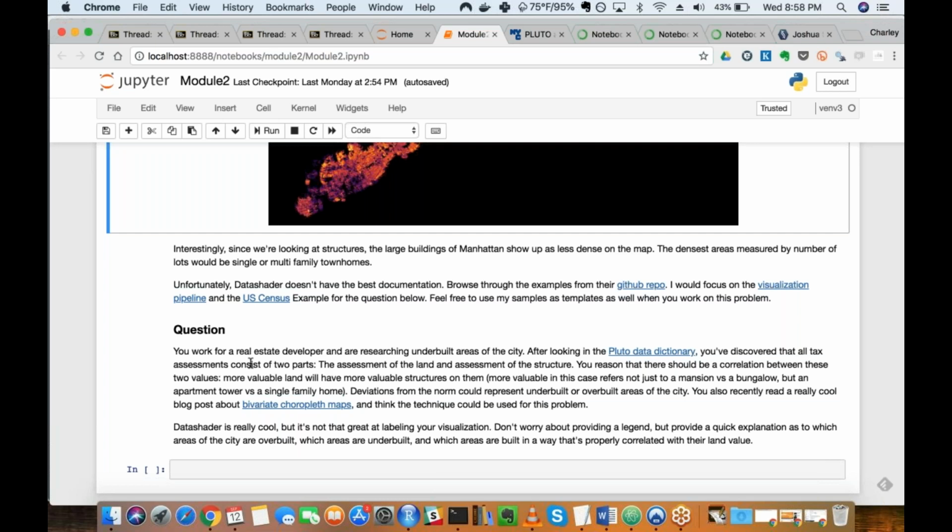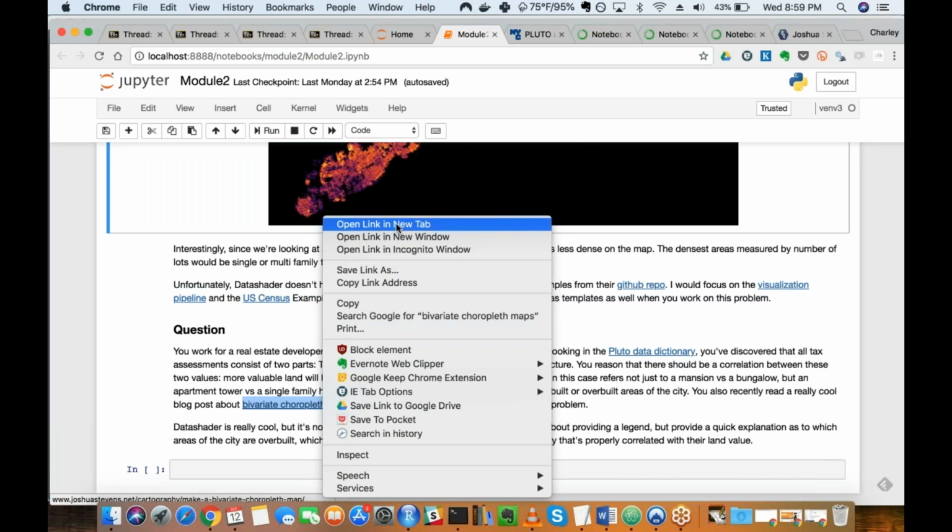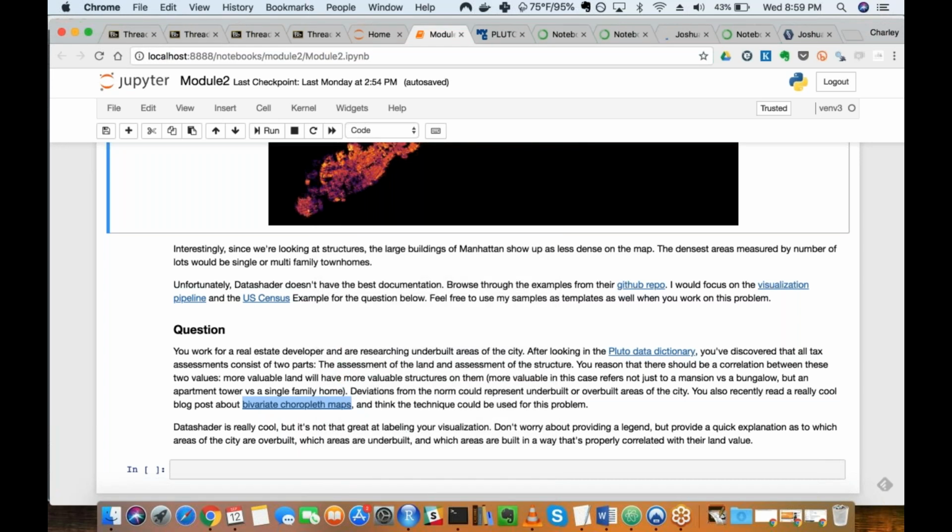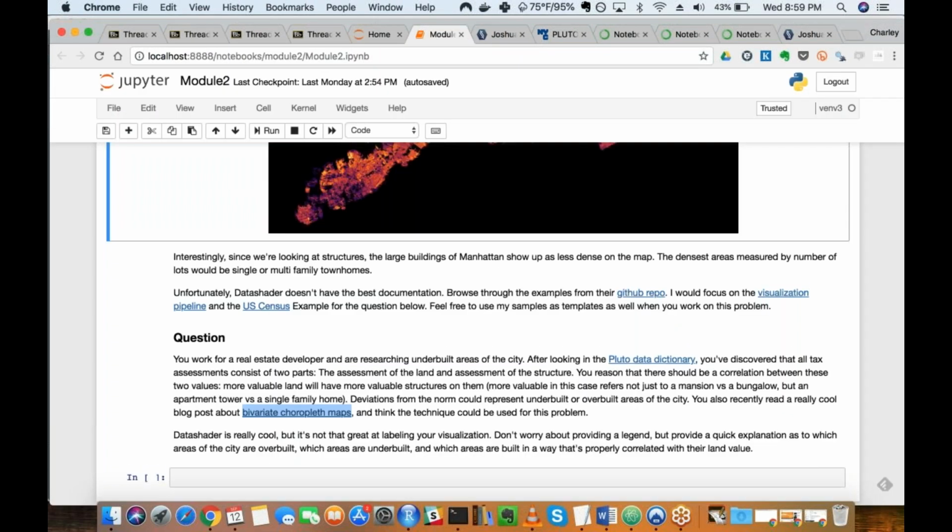This is really meant to be more prescriptive. This exercise, I just wanted everyone to try a real world example using Datashader. And what we're looking at is a bivariate choropleth.